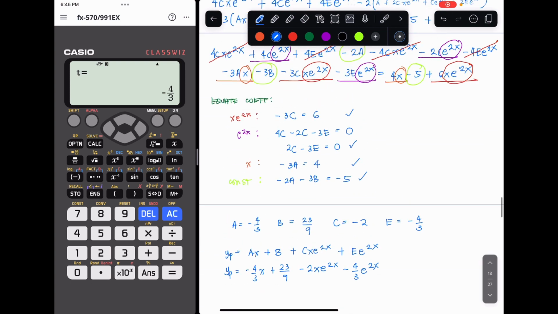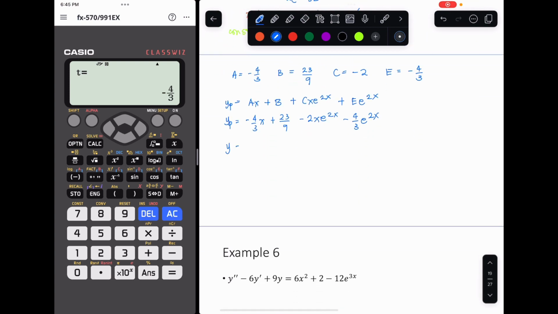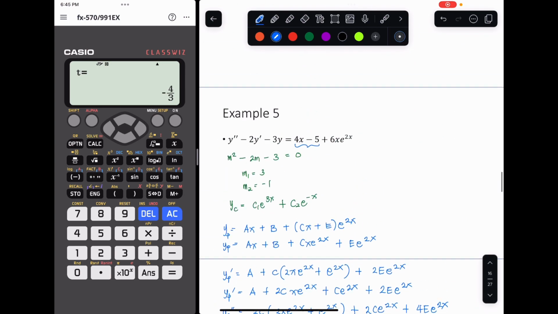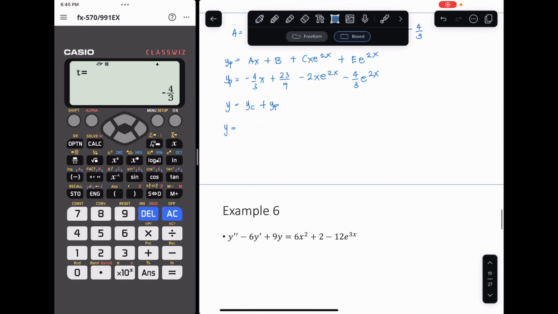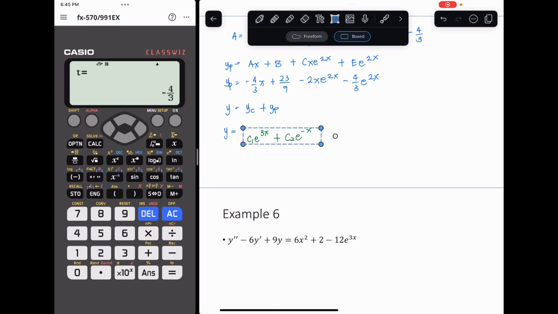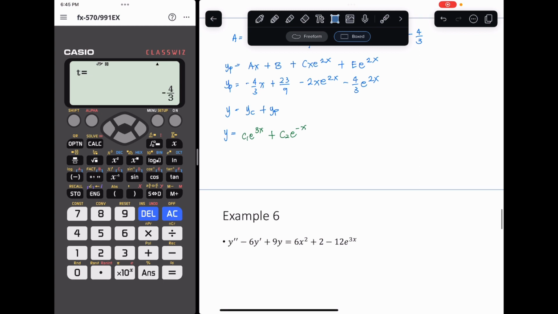And our general solution is YC plus YP. So Y will be equal to, we copy the YC. YC is C1 e raised to 3x, and then YP is this.